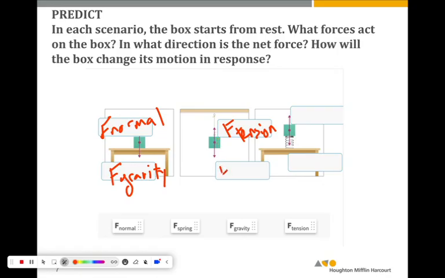And it's still experiencing gravity, which is the force of the object's weight as the earth pulls it down. And in this one, we see the box resting on a spring. So there is a spring force. And we see the force that's compressing the spring is the weight of the object caused by the force of gravity.